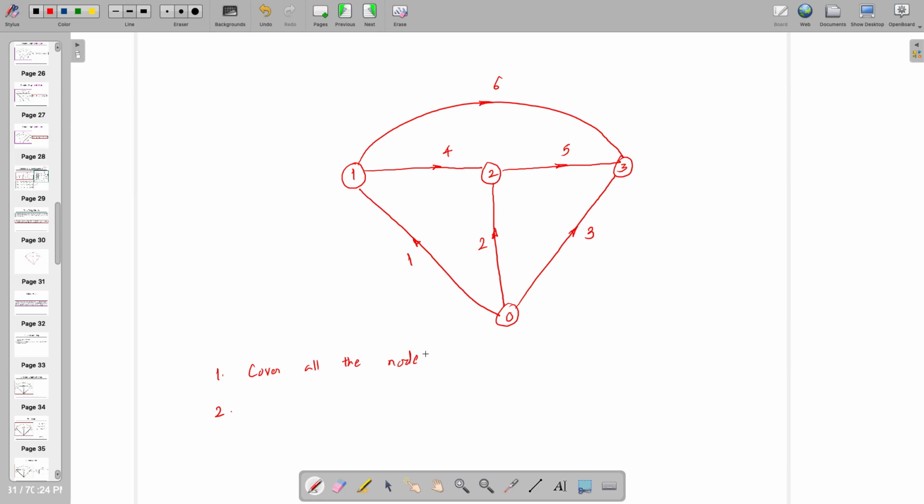You cannot skip any of the nodes and then you can say that it's a tree, right? So you have to cover all the nodes, like 1, 2, 3, all the nodes have to be covered, right? Other than that, it should not be closed, it has to be open only. So when I'm saying closed and open, that means look, this covers all the nodes, but this is a closed shape, so closed will not be a tree. However, you may have different possibilities.